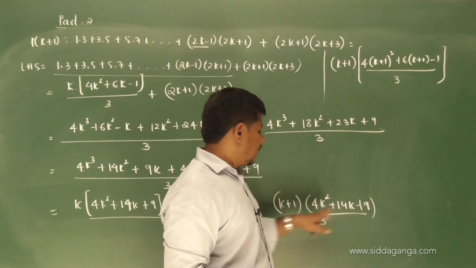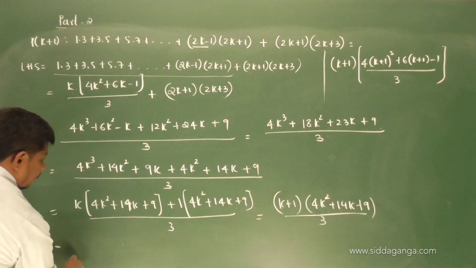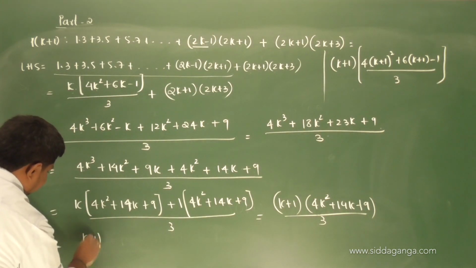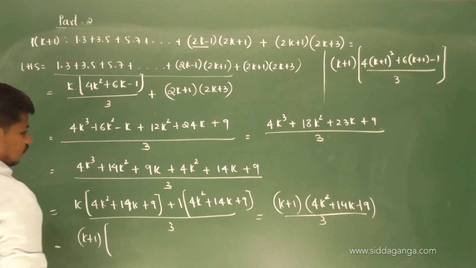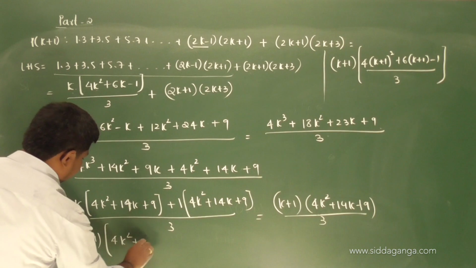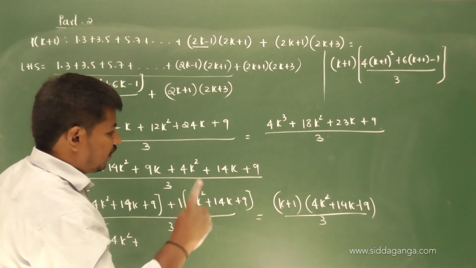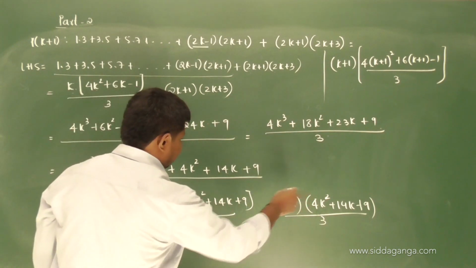So I'm going to rearrange these terms as, say, k plus 1 into 4k square, as it is a square. If you take 4 outside, you get k square. Now the second term should be what? 1 square. So for that I am going to write 4.